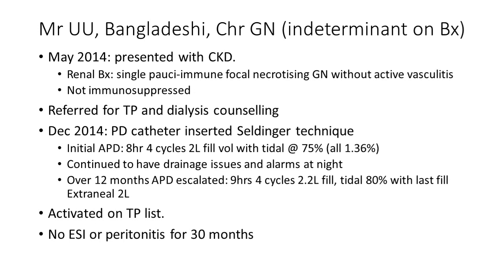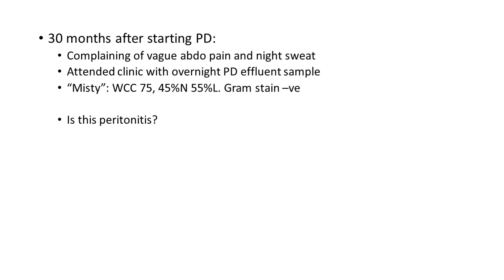He was otherwise doing very well. He was activated on the transplant waiting list, and for the first 2.5 years he had no exit site infections and no peritonitis. But then he came up complaining of vague abdominal pains and night sweats.